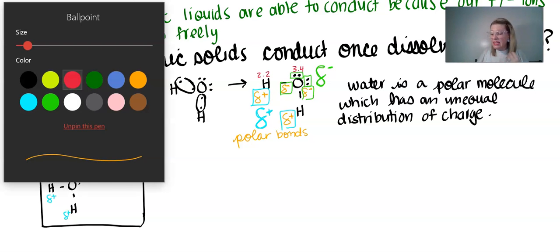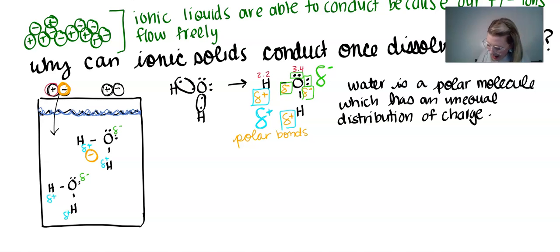And similarly, that positively charged ion says, well, hey, I also have this new negative attraction that I can explore, so I'm now going to be attracted to this negative ion. And the same thing happens up here. Our positive is attracted to our negative, and our negative attracts to the partial positives.